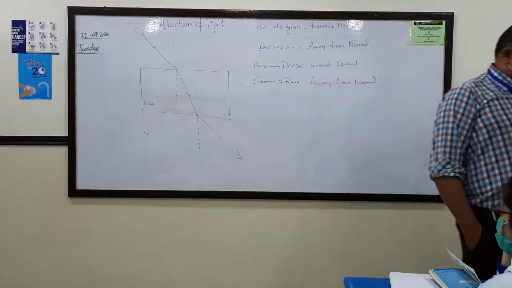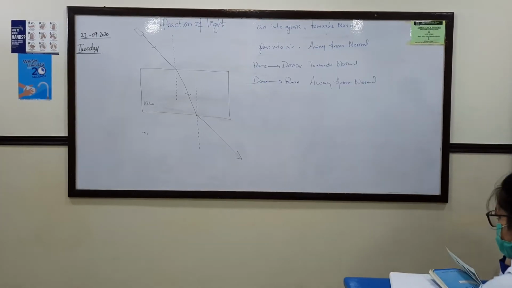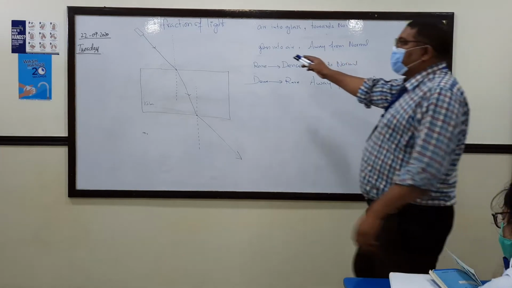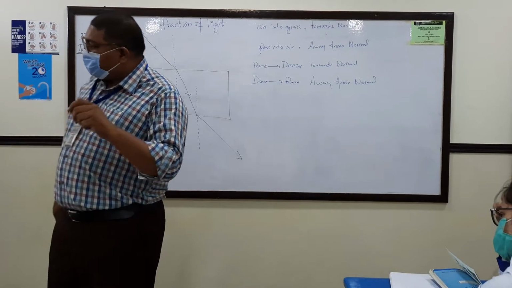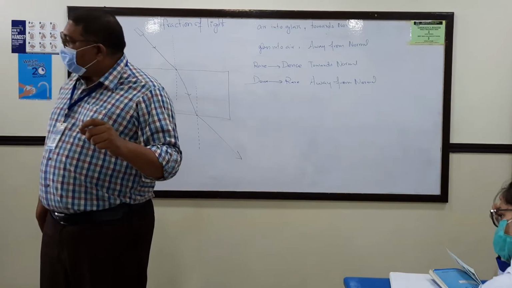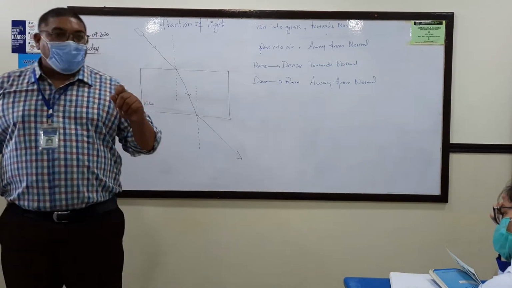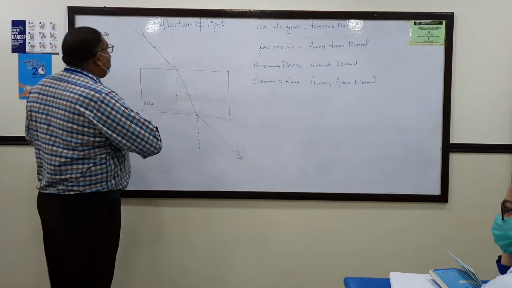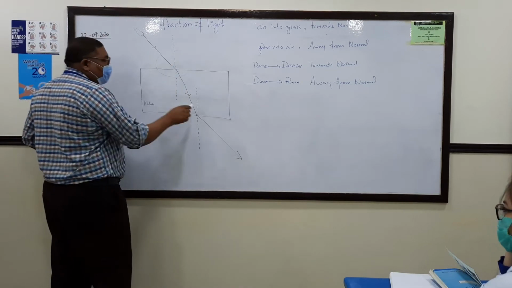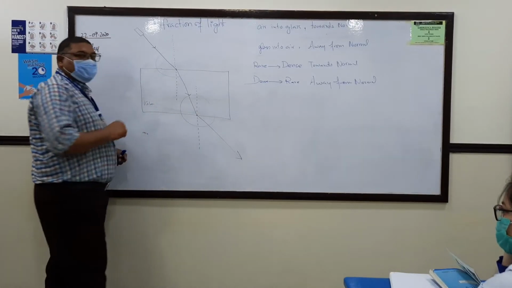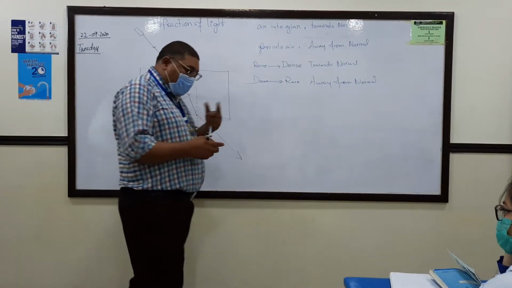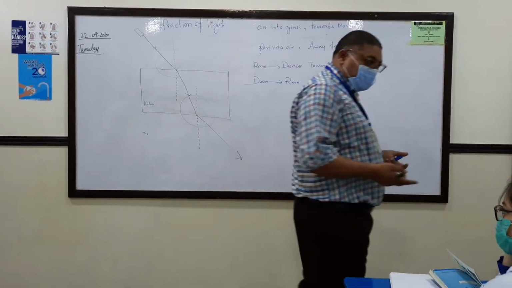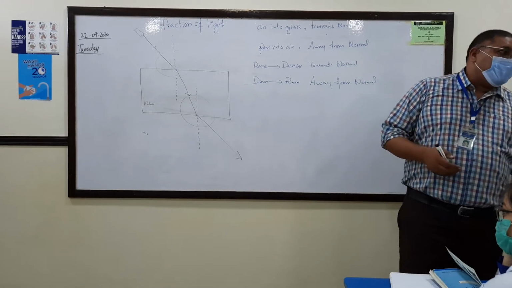So if you consider this example, here refraction is happening in two places. If you consider this whole scenario, the refraction is happening in two different places. The refraction is happening here and the refraction is happening here. Here the light is entering from a rare medium into a dense medium and the light changes path.